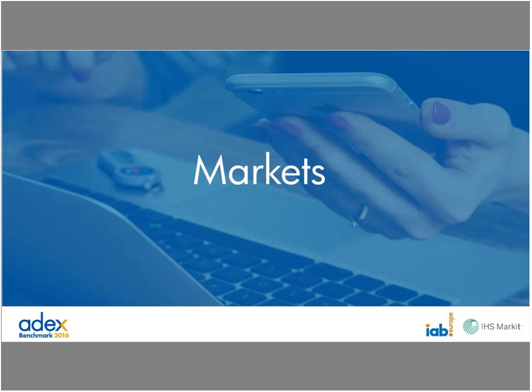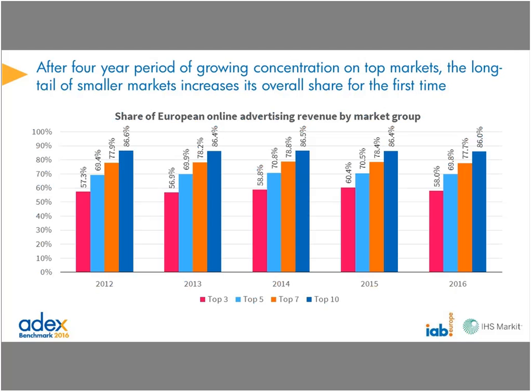Let me delve briefly into the markets, what happened within the 27 countries that we surveyed here. For all those years that we tracked it, and in particular the last 4 years, we could see a growing concentration of ad spend on the top markets. So the biggest markets had more share of the total digital ad spend in Europe.